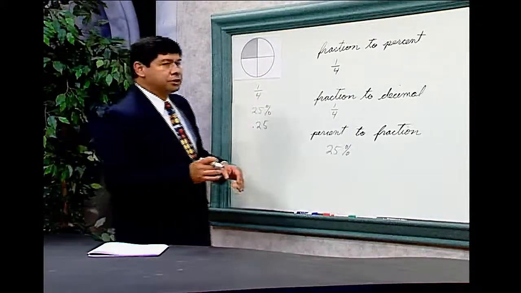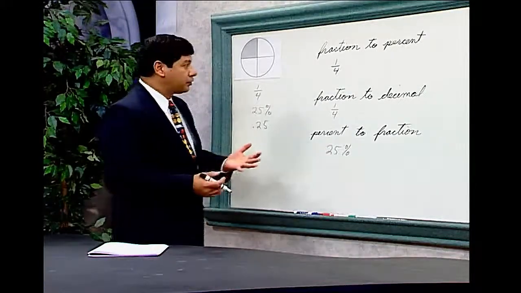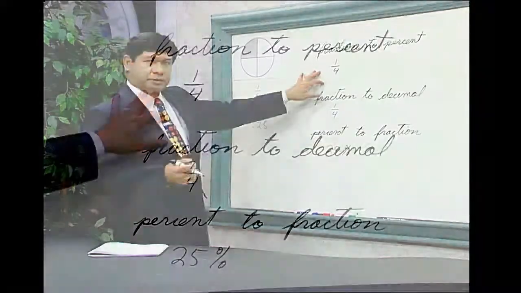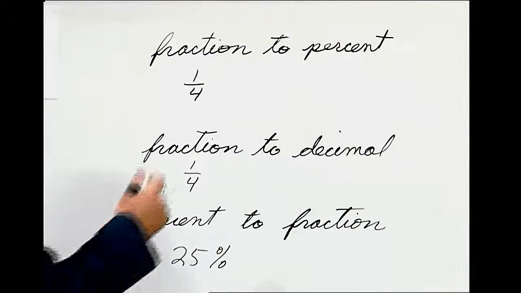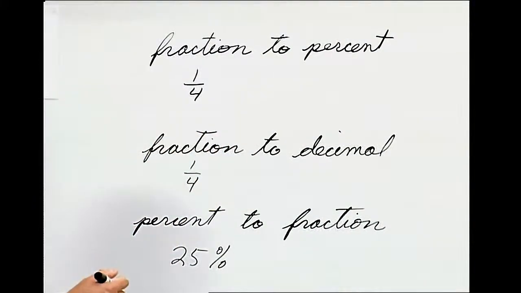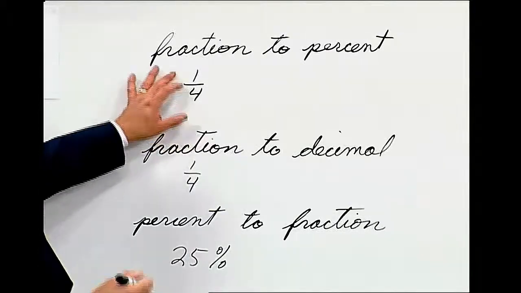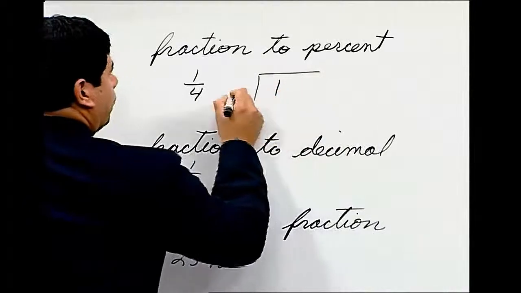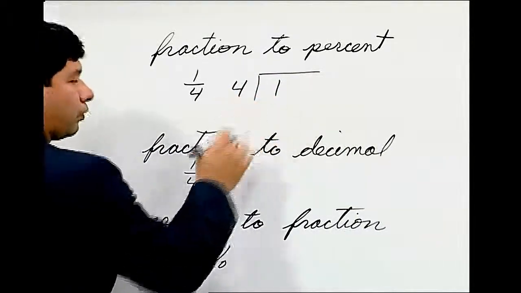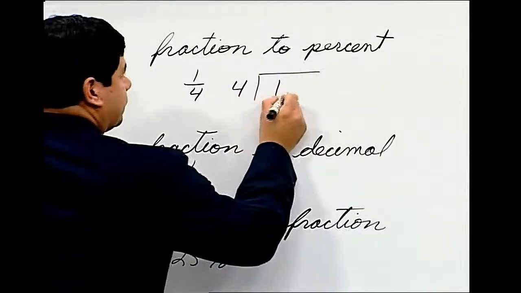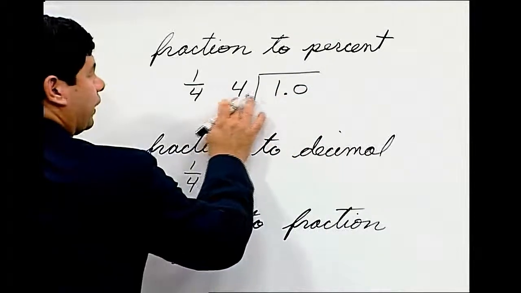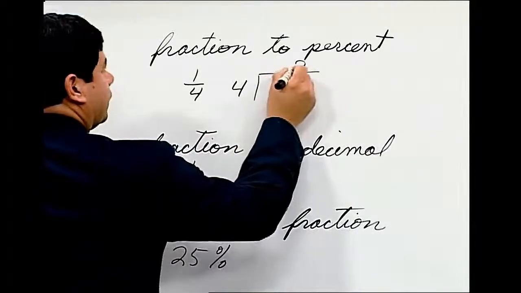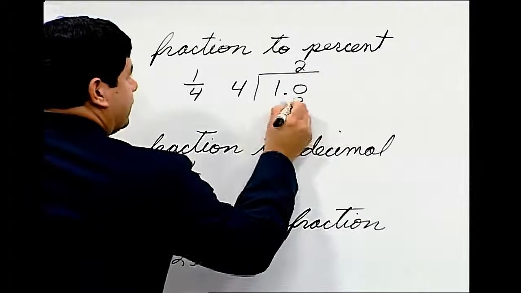Now, fraction to a percent. Let's look at how to convert a fraction to a percent. All we need to do in this case is to divide the denominator into the numerator, which we can do with no problem. 1 and 4. Well, 4 will not divide into 1, so let's add a decimal point, 0. 4 will divide into 10 2 times. 2 times 4 is 8.